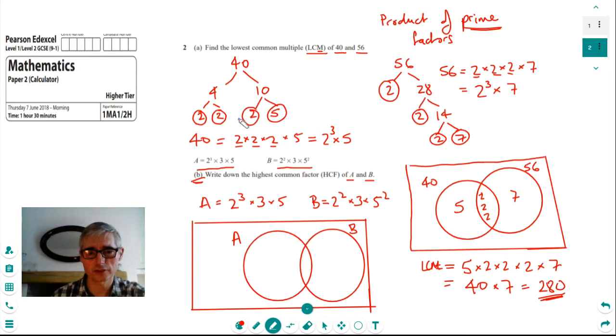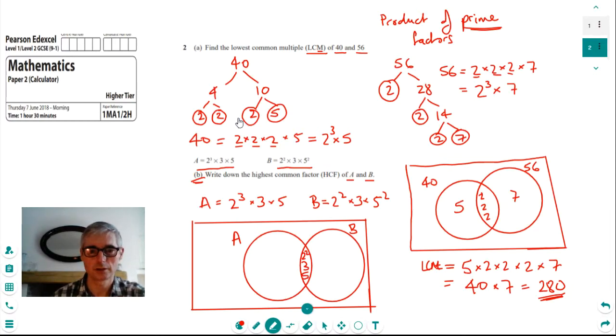So any numbers that are in both, we're going to write in the middle portion, and the rest we're going to write in the part that's just exclusively for A or for B. So we can see 2 squared is in both, so we can have the 2 squared, 2 times 2, just write that as a 2 squared, and then we've also got a 3 and we've got a 5 in both parts.